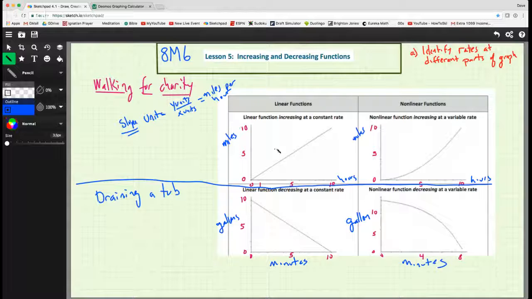Okay, so in this first example, our slope is constant. So here we have a constant rate or a constant slope. So we have a constant, what is miles per hour? That's a speed. So we have a constant speed.